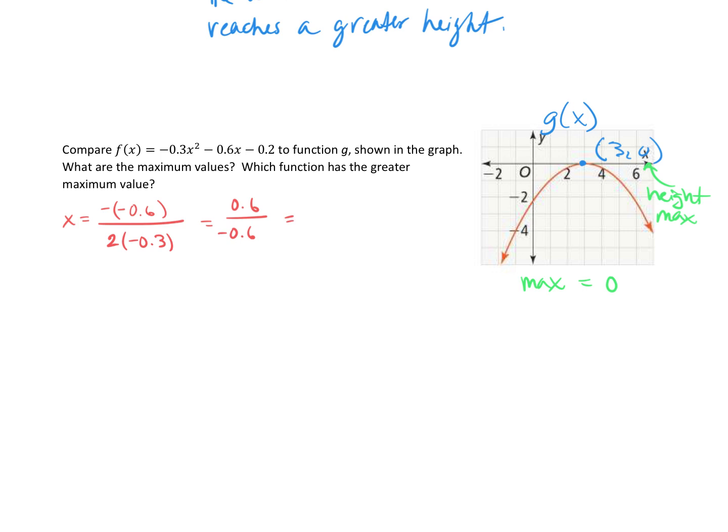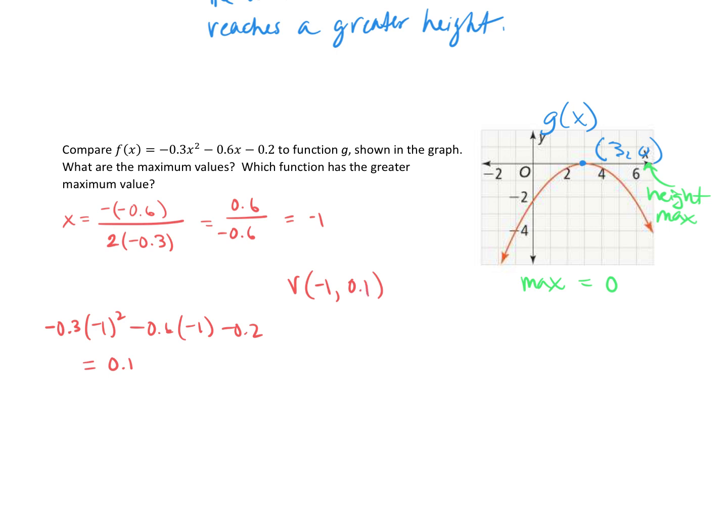When you divide those, you get a negative 1. So our vertex has an x value of negative 1. To find the y value, we'll plug that in. So we have negative 0.3 parentheses, negative 1 squared, minus 0.6 parentheses, negative 1, minus 0.2. Type that in, and we get back a positive 0.1.